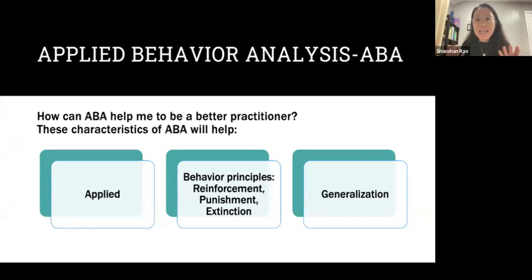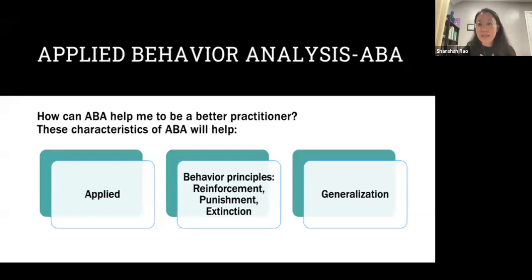Apply is when you choose those socially significant goals or targets for the client that will improve their quality of life, right? So for example, I don't teach a student based on what I want. I teach a student based on what is gonna be the most beneficial for him, right?